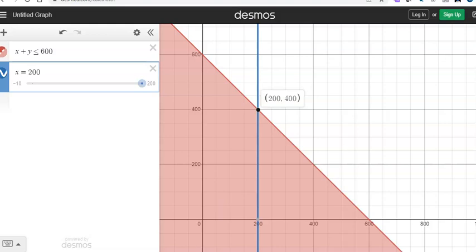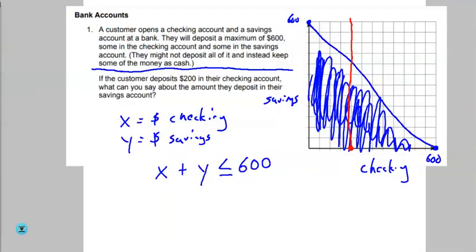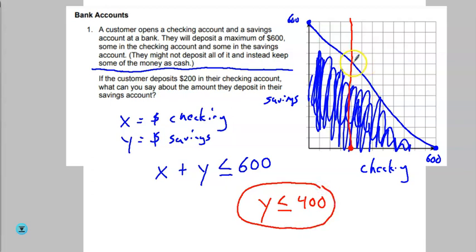So we could say that if you have 200 into checking, then Y would have to be less than or equal to 400 for that answer, right? It can be here at 400 or any number below. All right.